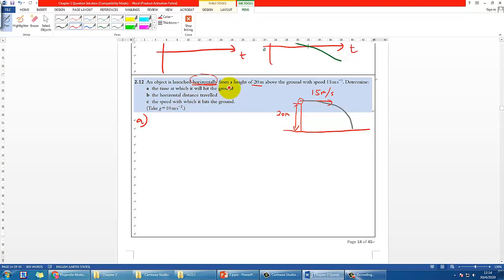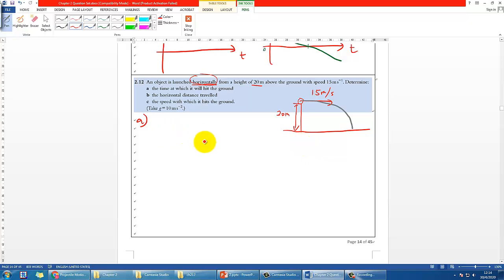Think about this. Which direction of velocity would determine the time? Will it be both horizontal and vertical, or only horizontal, or only vertical? You can think about it.